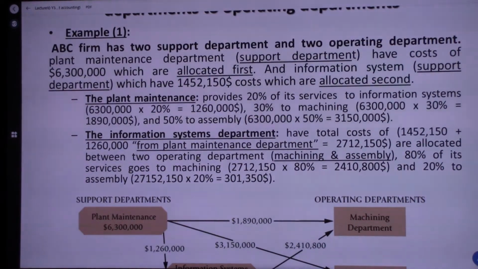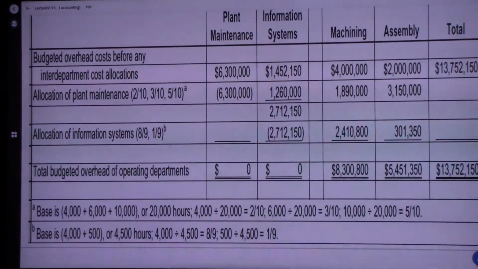So the new total cost available for information system is going to be $2,712,000 US. It was calculated by taking the 1,452,000, the original cost available for information system, and adding the amount allocated from the plant maintenance department, which is 1,260,000 US.